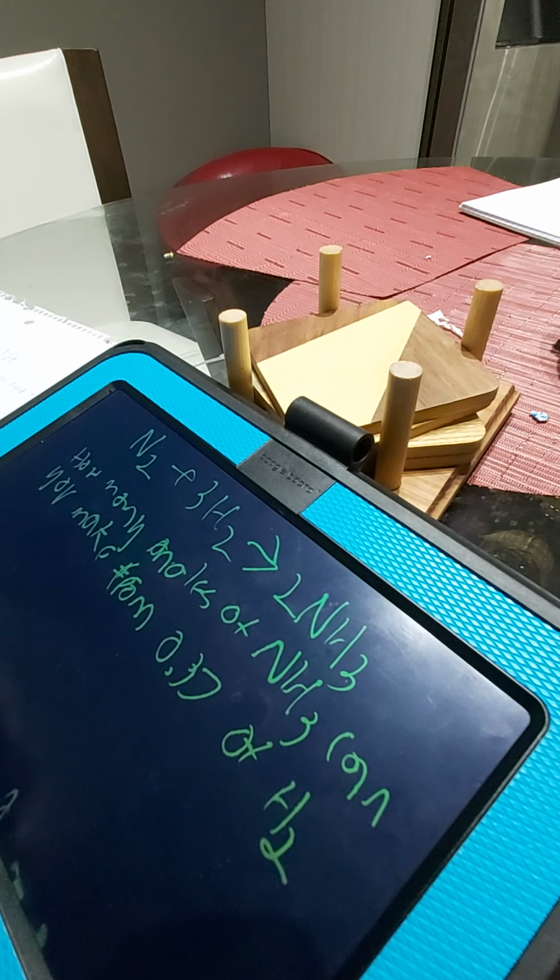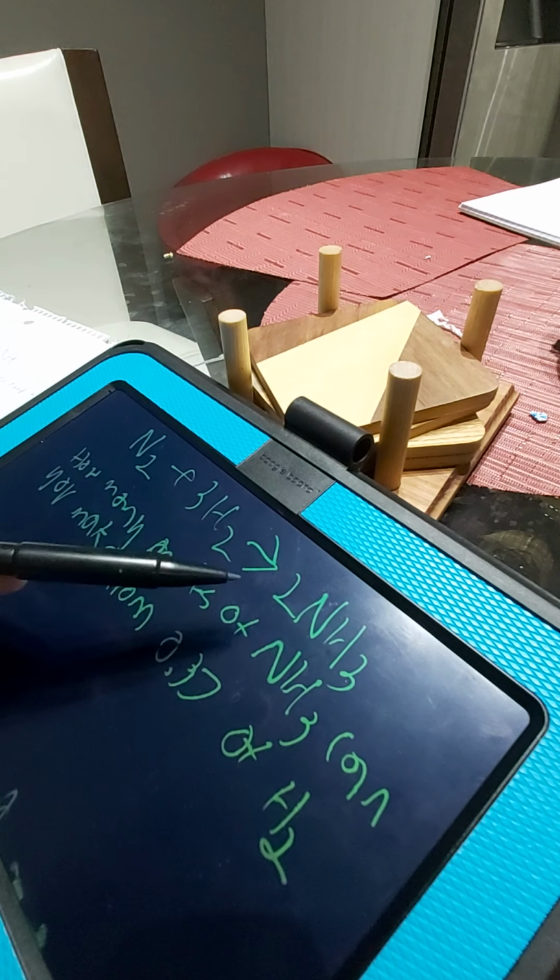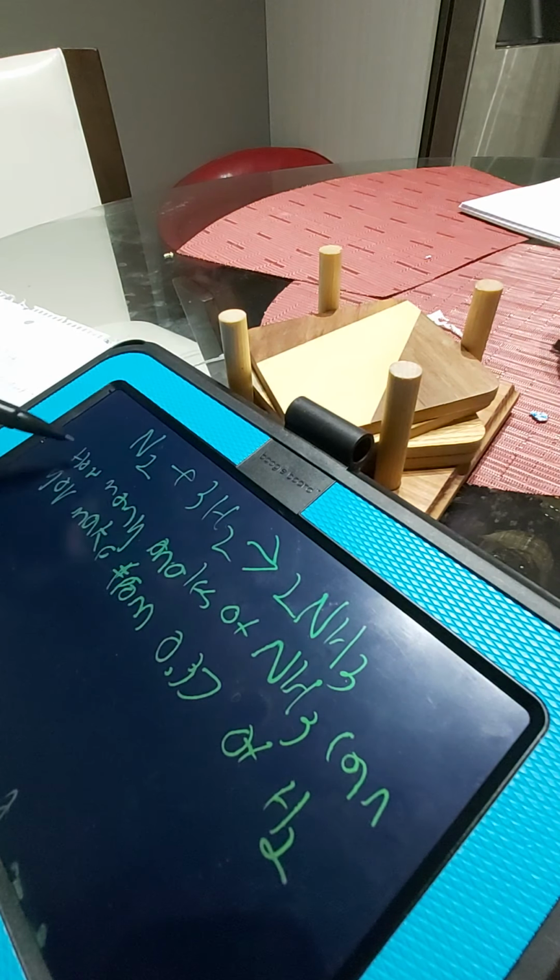A more realistic question would use the same equation, N2 plus 3H2 becomes 2NH3: how many moles of NH3 can you make from 0.37 moles of H2? What you do here is pretty similar.